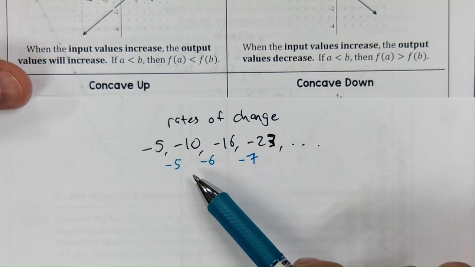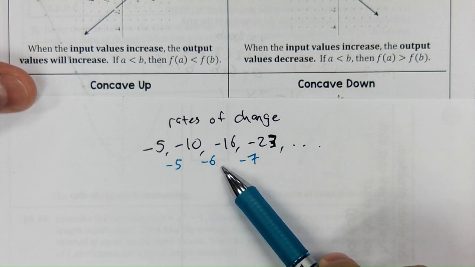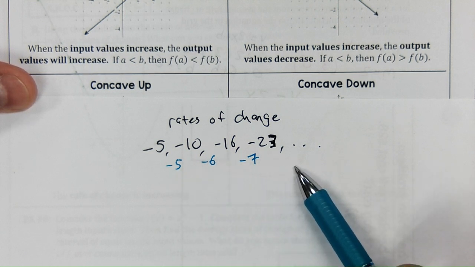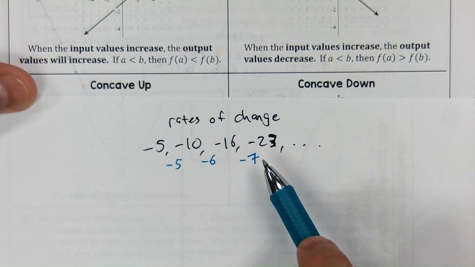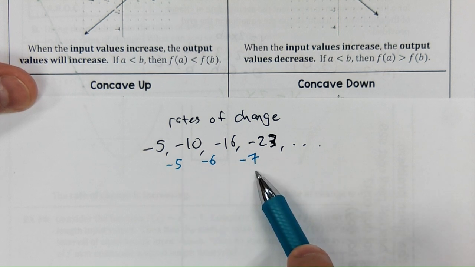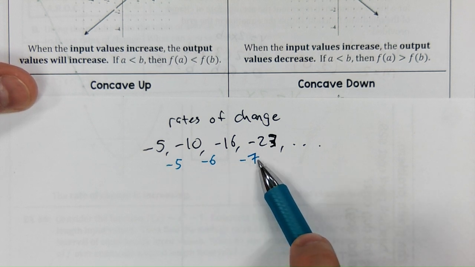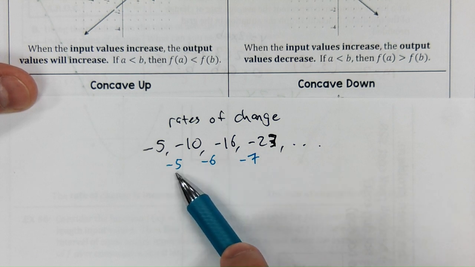You say that the rate of change is growing in magnitude, 5, 6, 7, 8, 9, but this is technically decreasing because these values themselves are going down also. -7 is smaller than -6. -6 is smaller than -5.